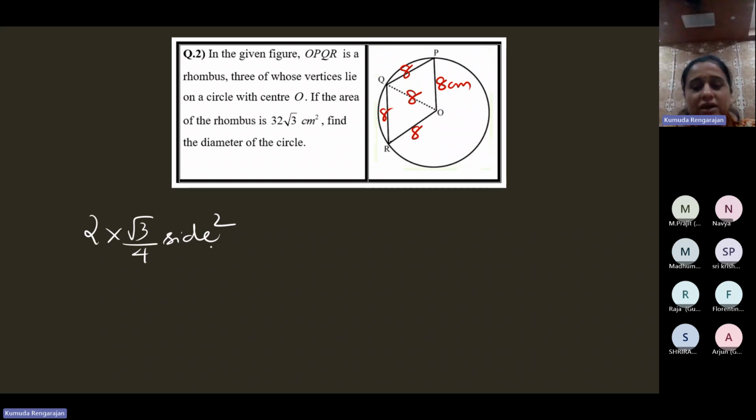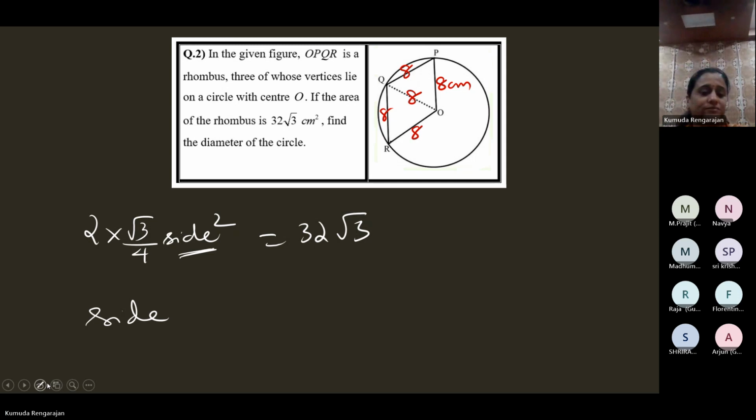Now this will give us the area of the rhombus, which is given to be 32 root 3. The only unknown in this equation is side, so you can find the side of the rhombus. The side of the rhombus is nothing but the radius of the circle. So double it to get the diameter.